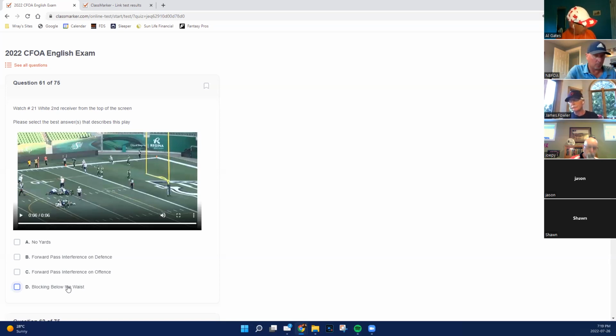Yeah, so team A, if prior to a forward pass being thrown across the line of scrimmage, a player may not initiate contact with or block a team B player more than 1 yard in advance. This is now an illegal blocking downfield. But again, it's still not even there. No, you're right, Bob. Yep.